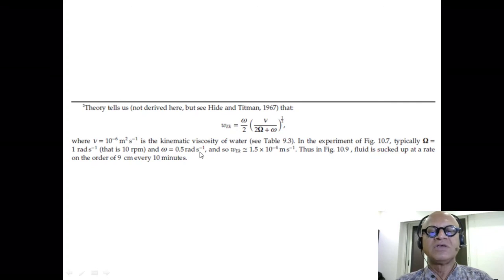That was the rotation of the disk that was giving the cyclonic or anticyclonic circulation. And Ekman pumping there was 1.5 times 10 to the minus 4 meter per second. So in figure 10.9 from the lab experiment, fluid is being sucked up at a rate of 9 centimeters every 10 minutes.